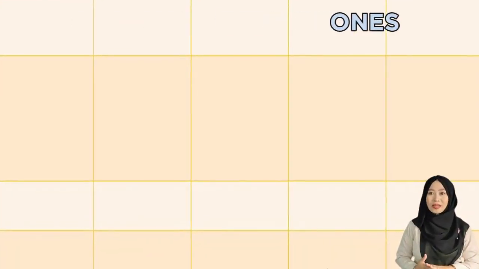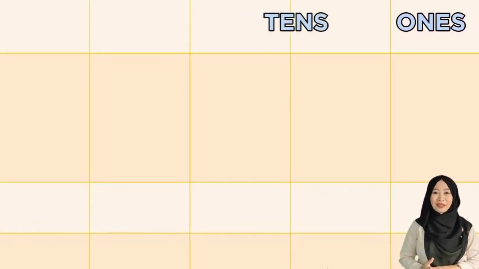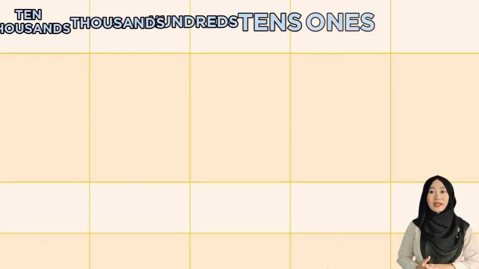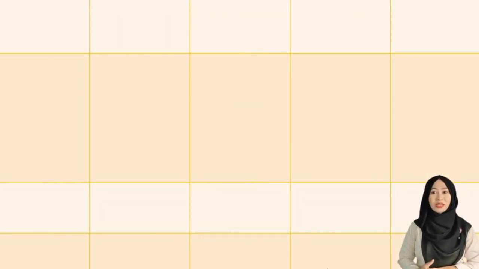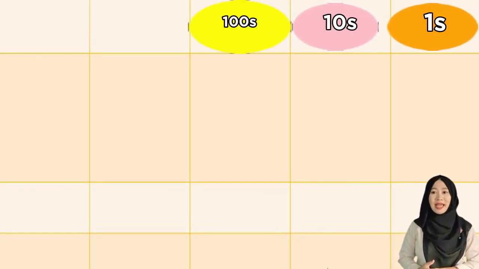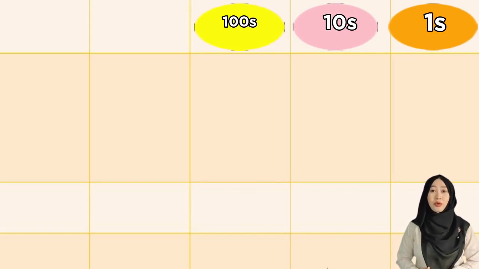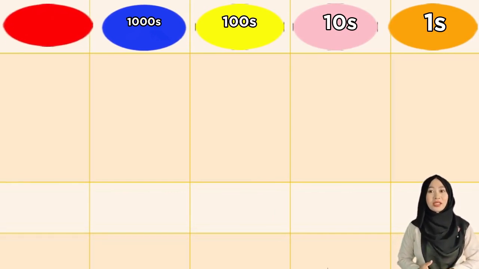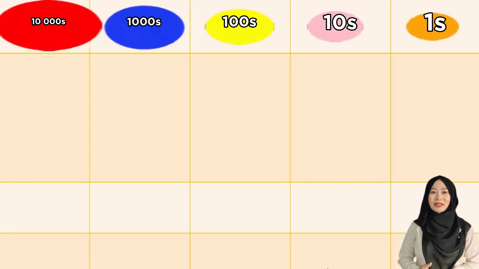And using a chart, we have ones, tens, hundreds, thousands, 10,000s. Let us use again a table that represents number disc by 5 different colors. The orange disc is for ones, the pink disc is for tens, the yellow disc is for hundreds, the blue disc is for 1,000 or thousands, the red disc is for 10,000s.